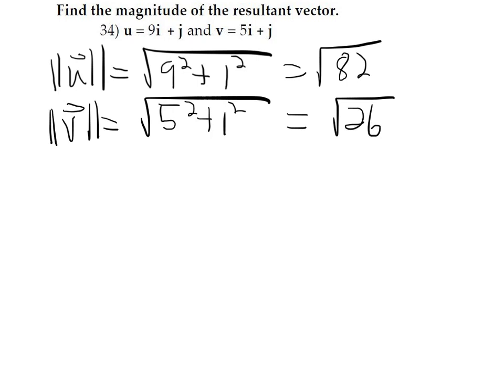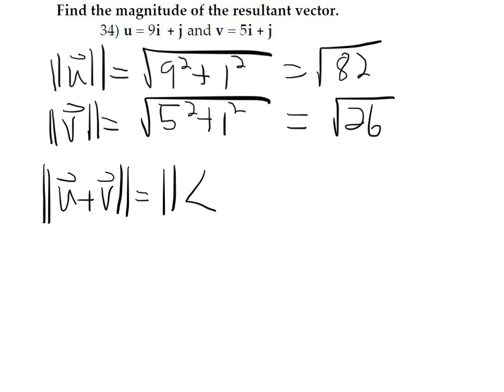And if they mean "and" as addition, we could work out the magnitude of u vector plus v vector. First off, we'd have to find what is u plus v. The x components, 9 plus 5 is 14, and the y components, 1 plus 1 is 2.